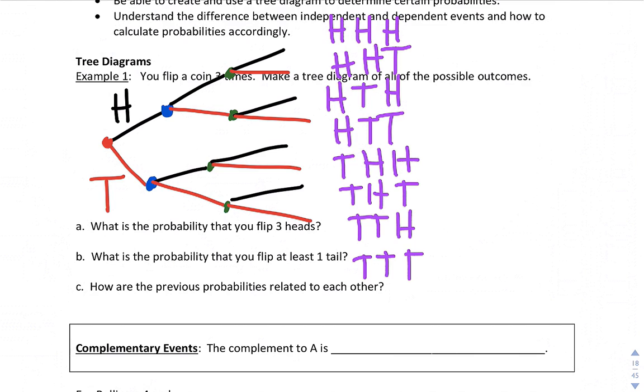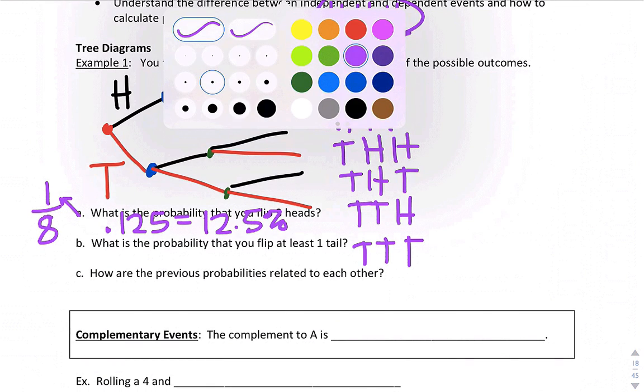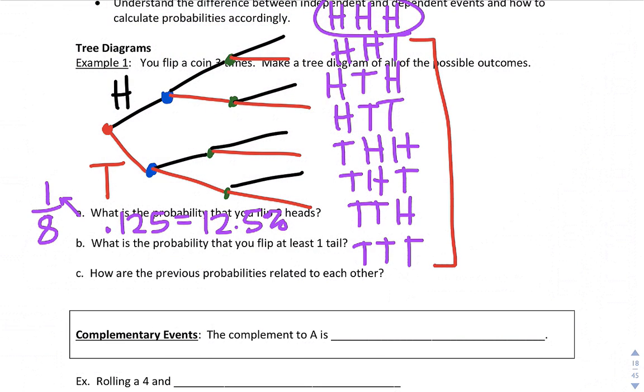What is the probability that you flip 3 heads? Well, that is 1 out of 8. And I can change that to a decimal or percent, so 0.125, which is 12.5%. What's the probability that you flip at least 1 tail? Well, that's everything else right here.